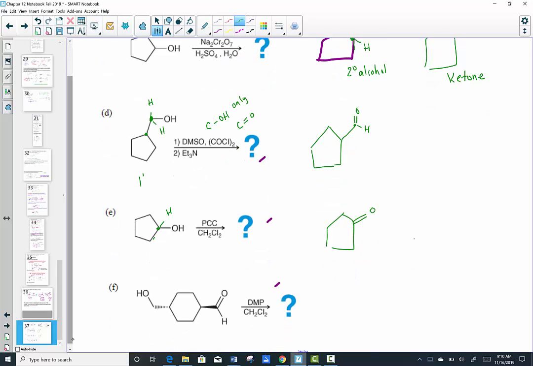And you have some more to try there. I won't do them all. Notice that this DMP does not touch the carbonyl, but it will be able to oxidize this carbon that's attached to the hydroxyl group, and it will do so by converting it into an aldehyde.